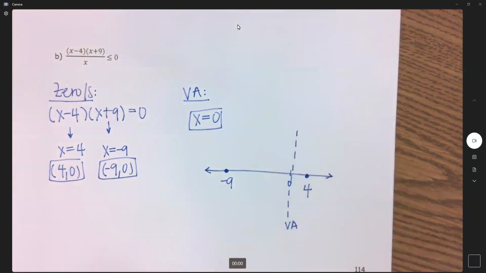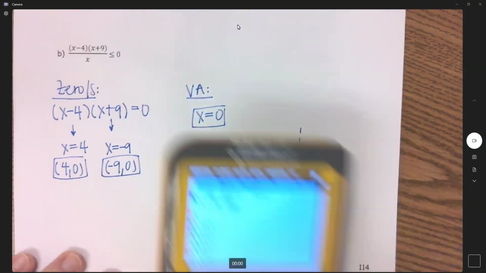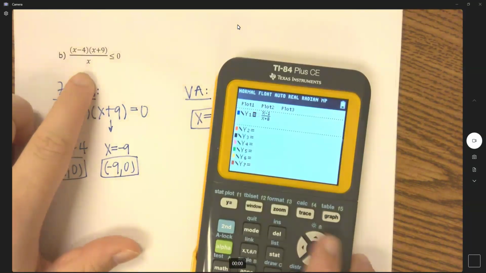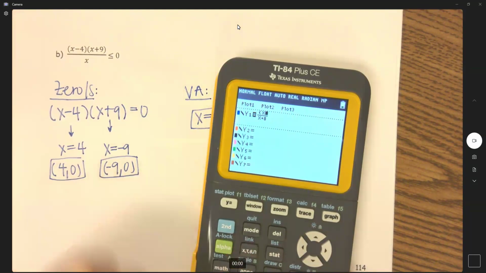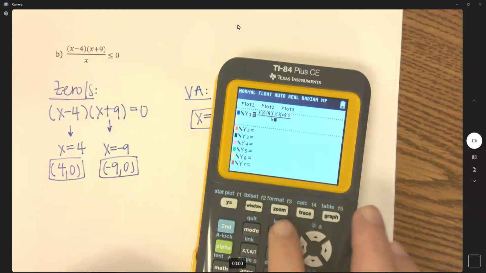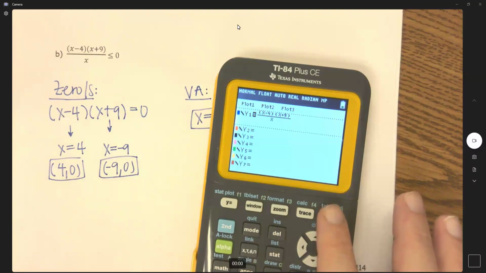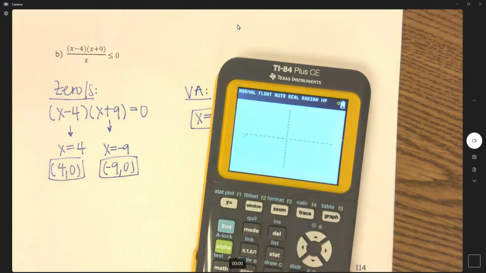So here's what I need to see algebraically. And now let's get into our graph to find this. So we have x minus 4, x plus 9, and then in the bottom, we just have x. And now we will hit Zoom 6 to graph it.